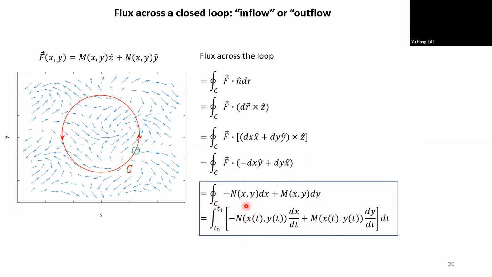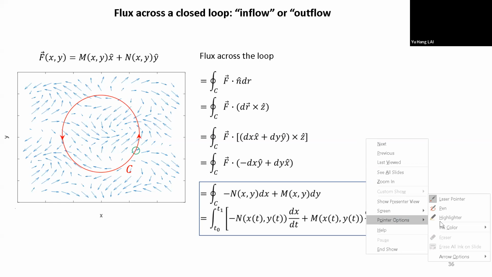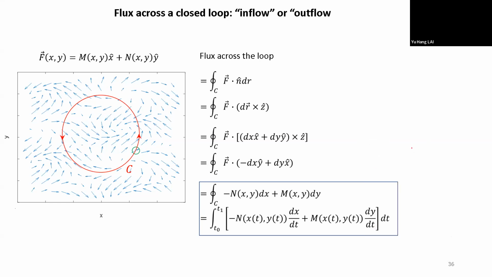So the dx becomes dx dt dt, and this dy becomes dy dt dt. Remember, just to do a recap, what we had for this one that we have learned, we have this.